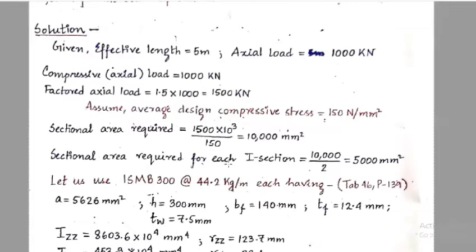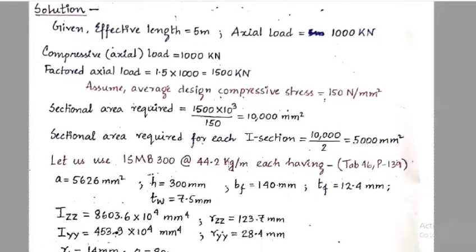What I have to do is just take up one I section and design accordingly. So what will be the sectional area required for each I section? I will simply divide this area by 2 and I will get 5000 millimeters square.